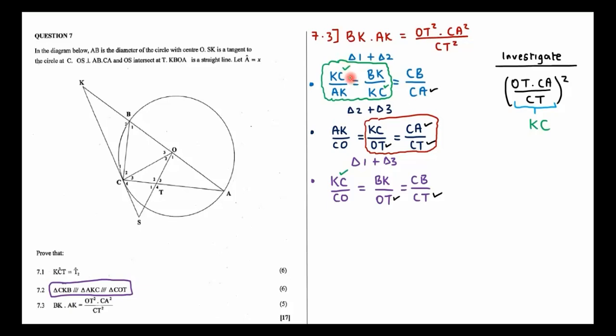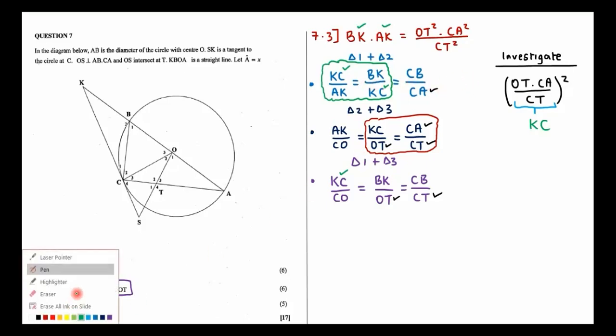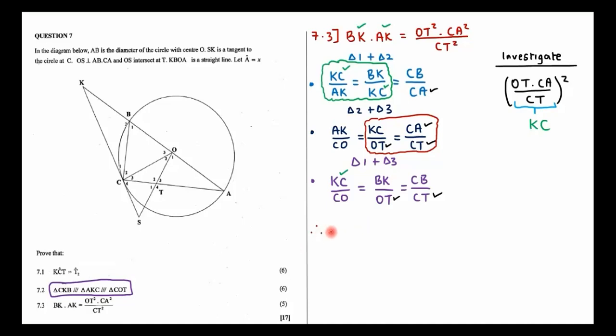Because now not only that, if you're noticing this, we can also even get the BK and AK, right? So what does this mean now? This means now I do see how we got into my answer. Now to answer it, we're going to say, therefore, first thing that we needed to have here was to basically say KC over AK is equals to BK over KC, right?